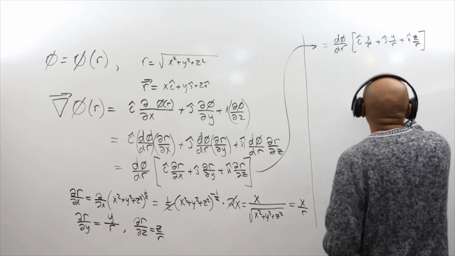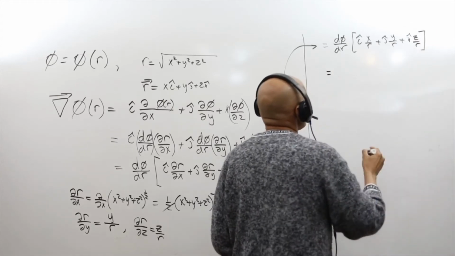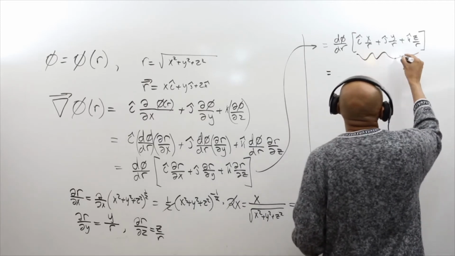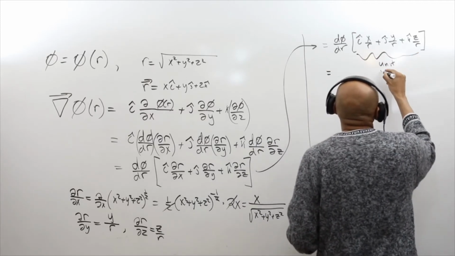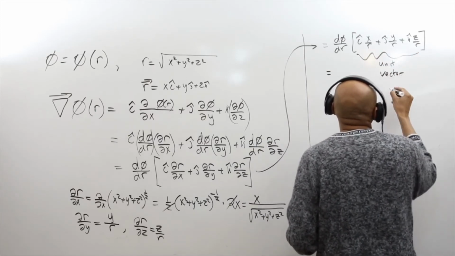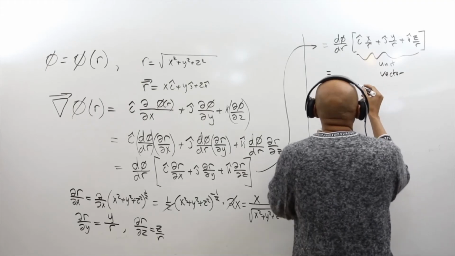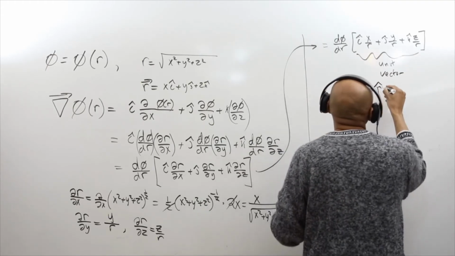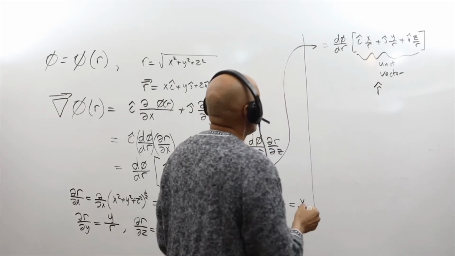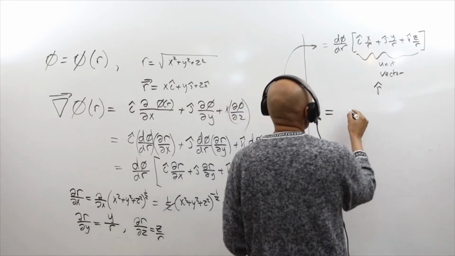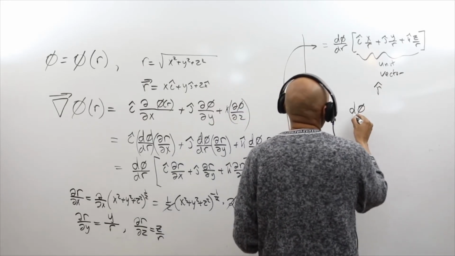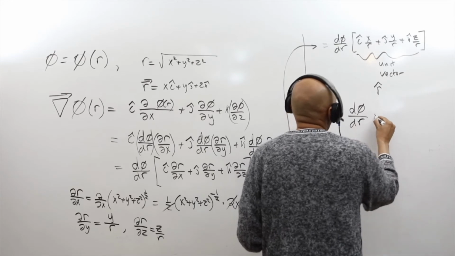And if you think about it, what we're getting is a unit vector in the direction of r. So I can denote this by r hat. So what you're saying is that this is really d phi dr times r hat.